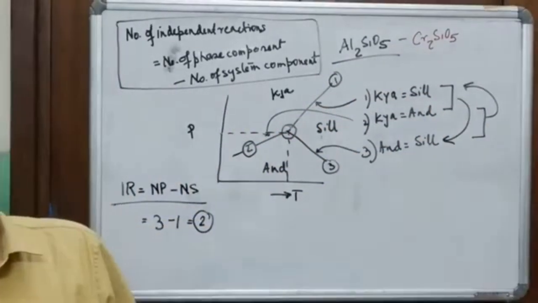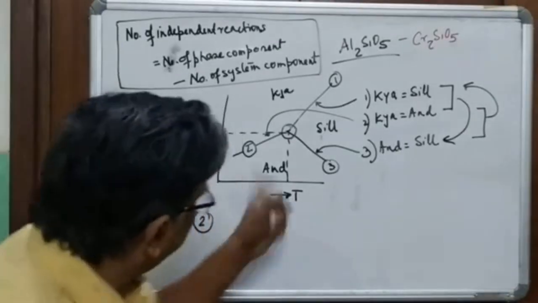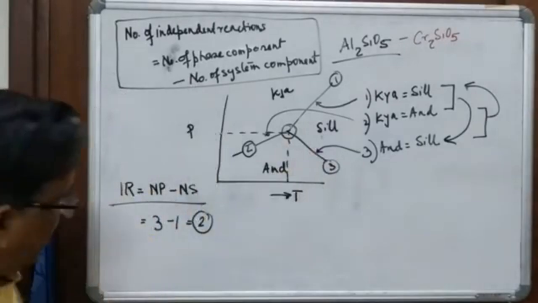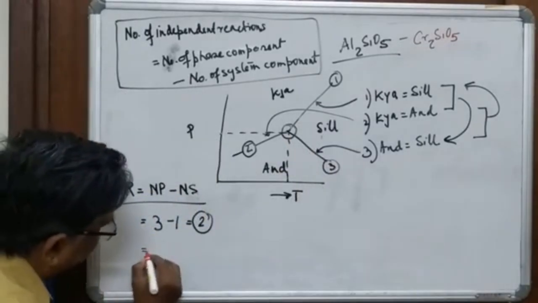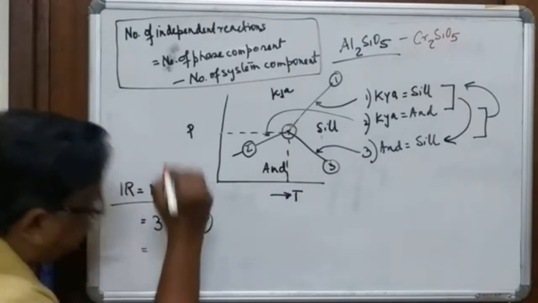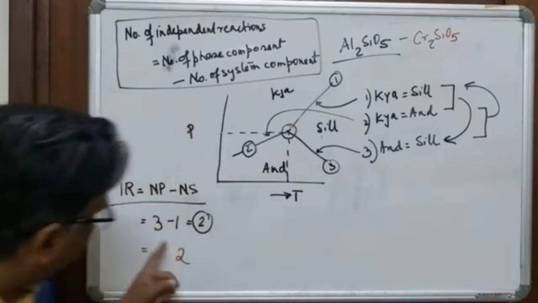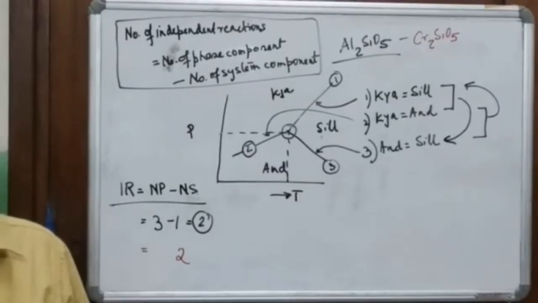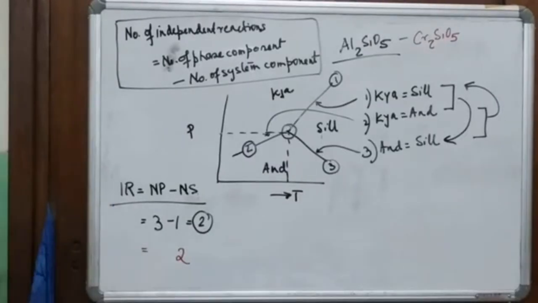So now what's happening? The system component now changes to 2. Here, the system component is 2 now. But what about the phase components? How many phase components? Let's see.